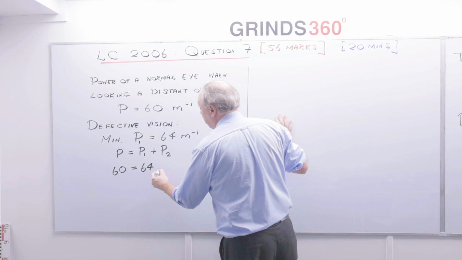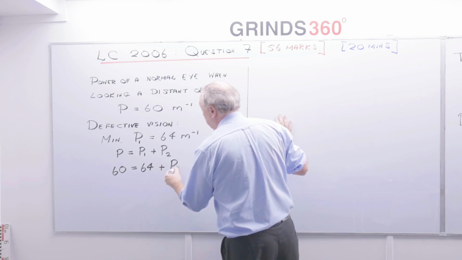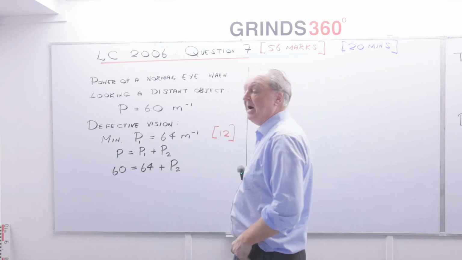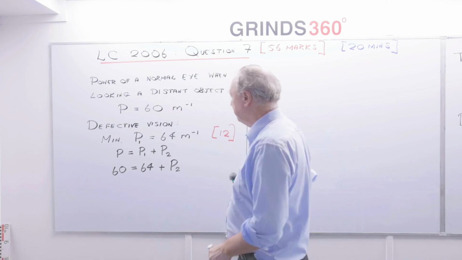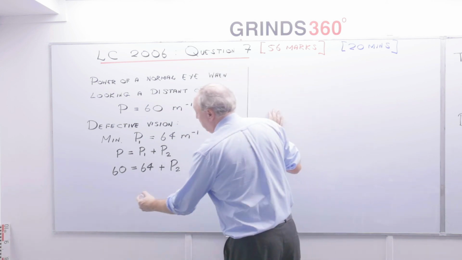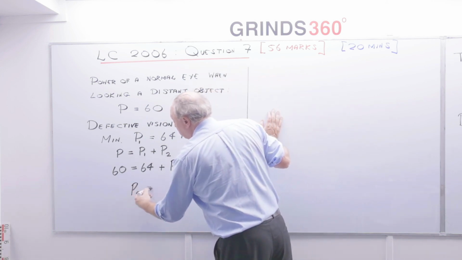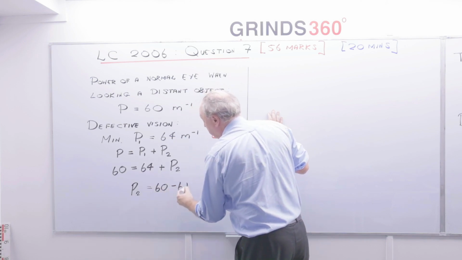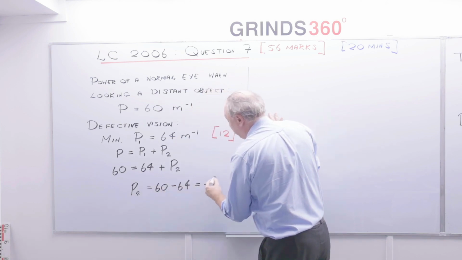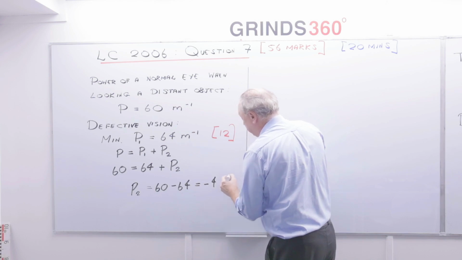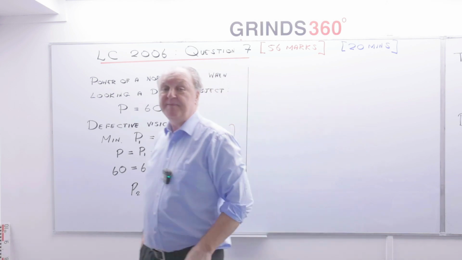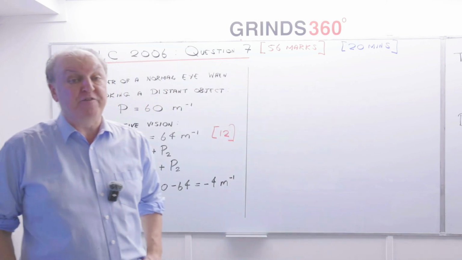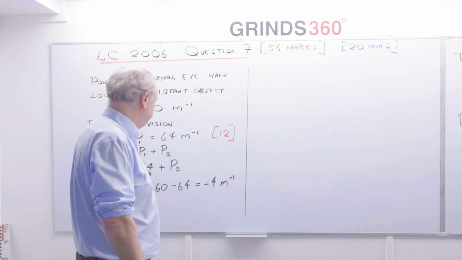So I want to find out what is P2. P2 is the power of my glasses. So you can see there very simply, P2 is equal to 60 minus 64, which is equal to minus 4 per meter. The minus indicates that I'm going to end up getting a diverging or a concave lens.